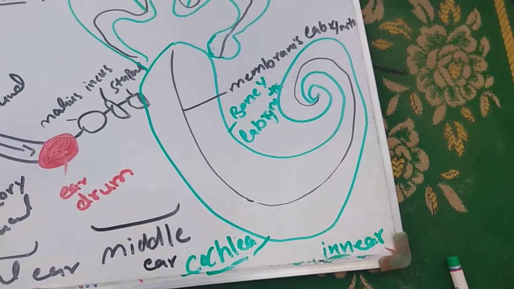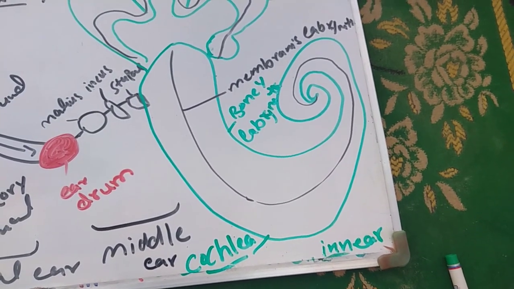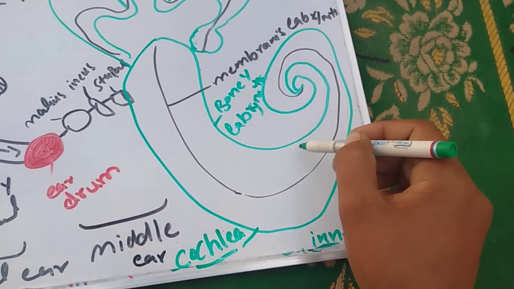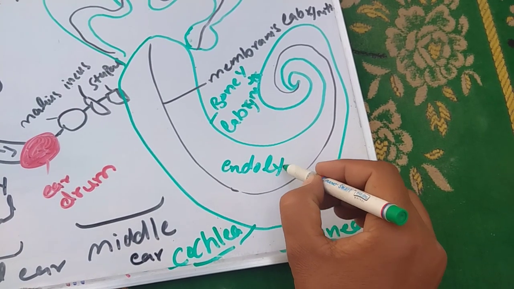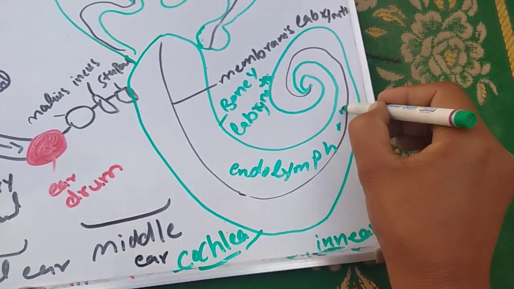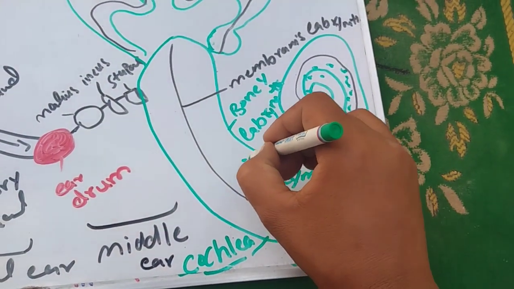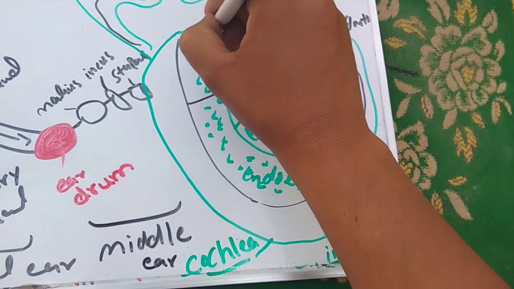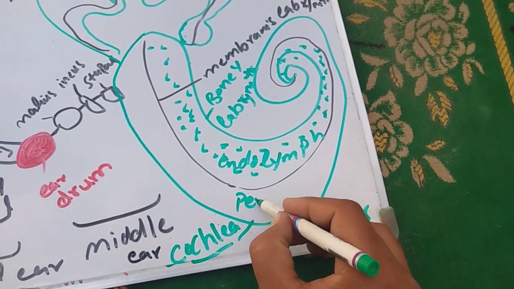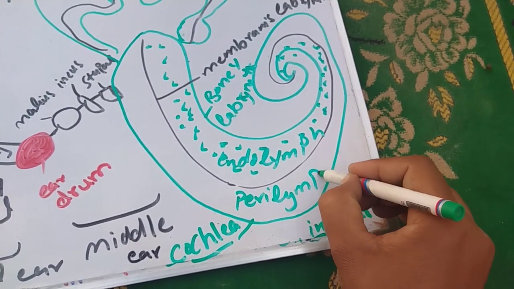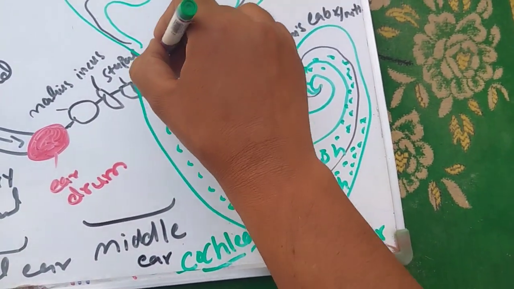The cochlea consists of fluid. The fluid present inside the cochlea is called endolymph, and the fluid present outside the cochlea is called perilymph.